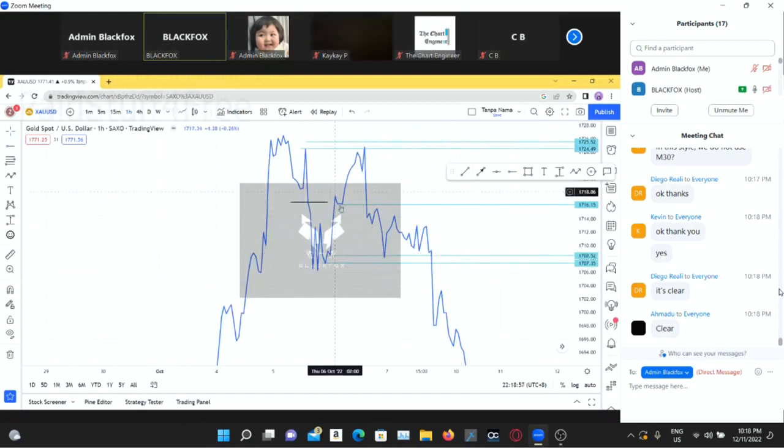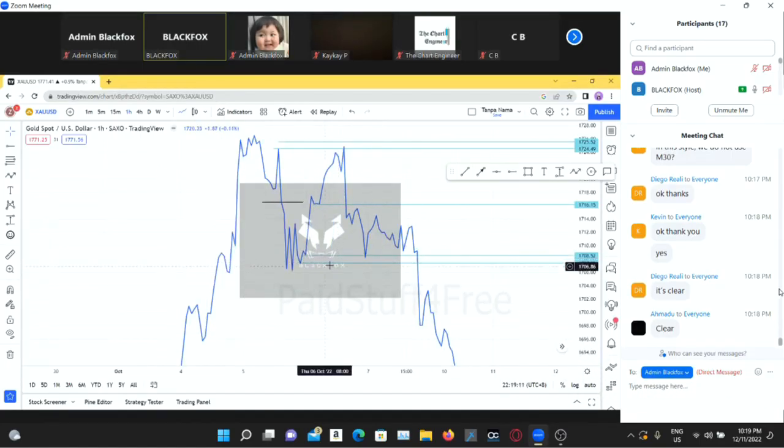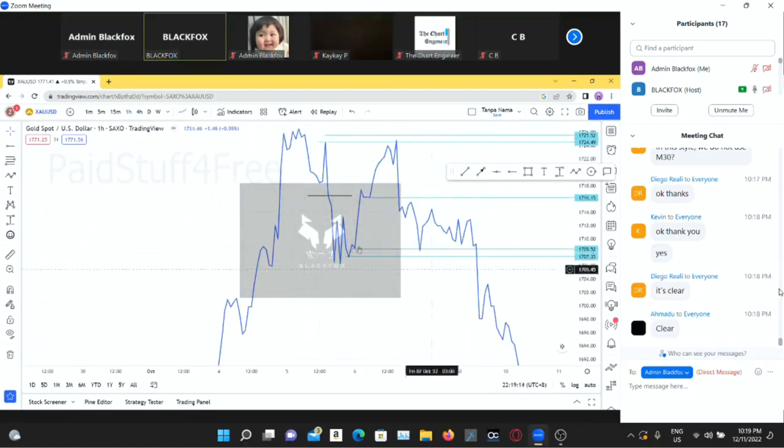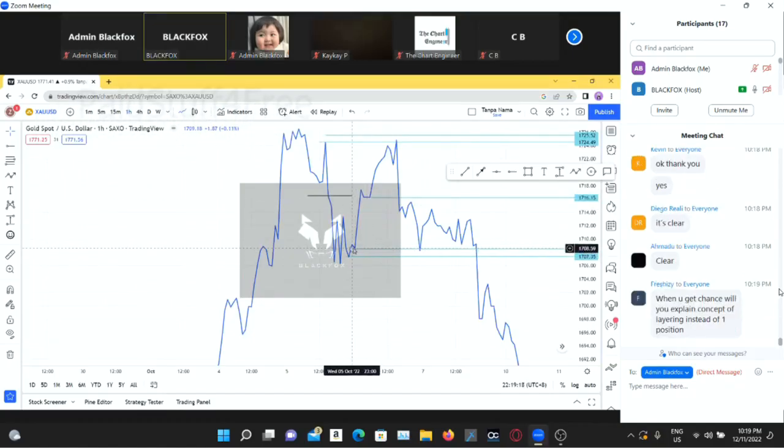If you take this one, buy at support, this is the best level. If you take this one also, this is 3 levels. Maximum 3 levels. Like I said before, just 3 levels maximum. If you take this one also, this one is buy at support, and this one is the best level.